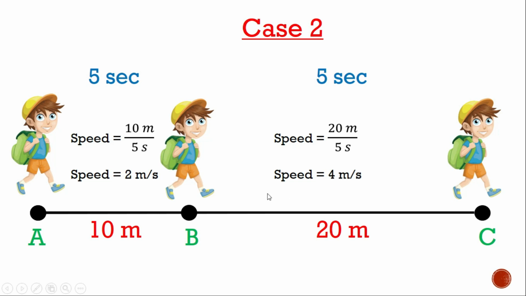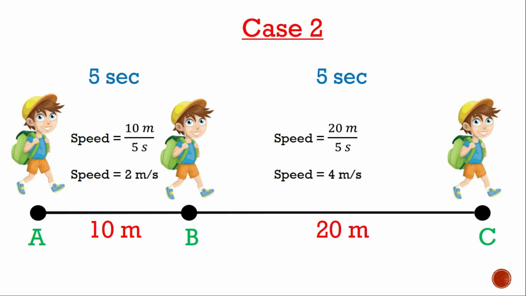See, the thing is that non-uniform motions like this cannot be expressed by a single speed like these. As the speed is changing between 2 and 4 meters per second, expressing either of the two speeds as the speed of the boy would be incorrect in this case.